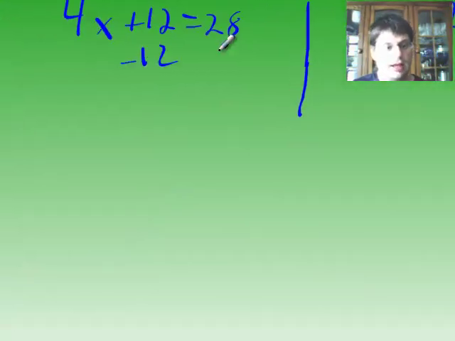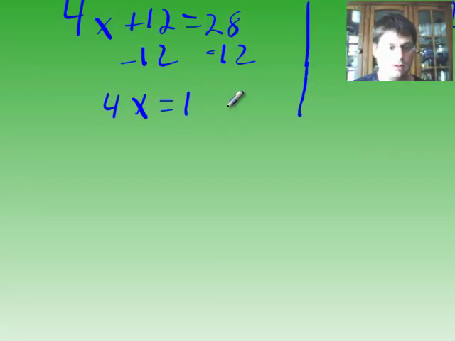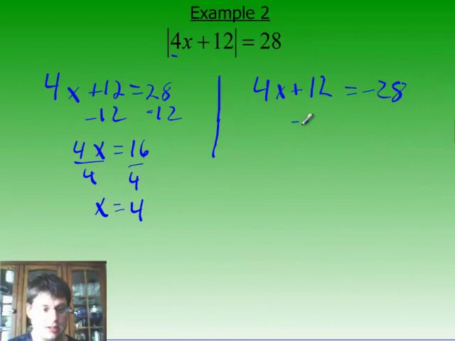Okay, and then we just start solving these independently. So I'm going to subtract 12. So 4x is equal to 16. Divide by 4, and x is equal to 4. And this side I'm going to subtract 12.